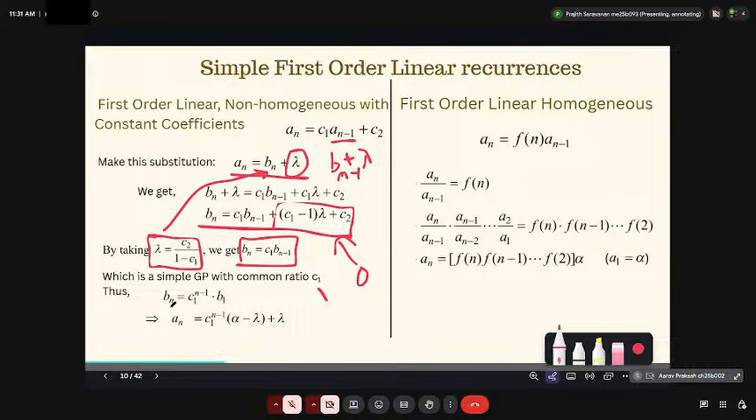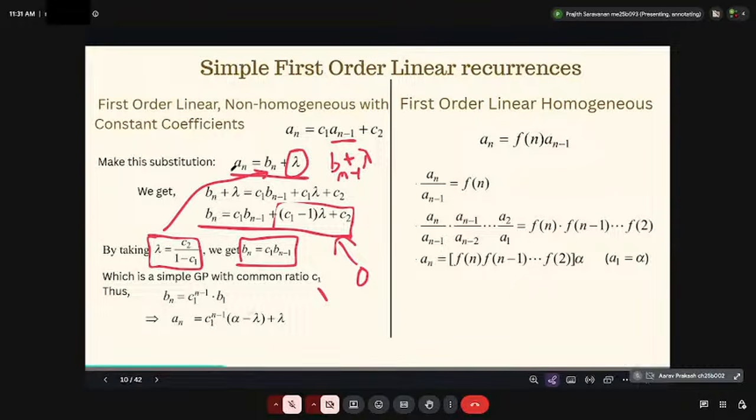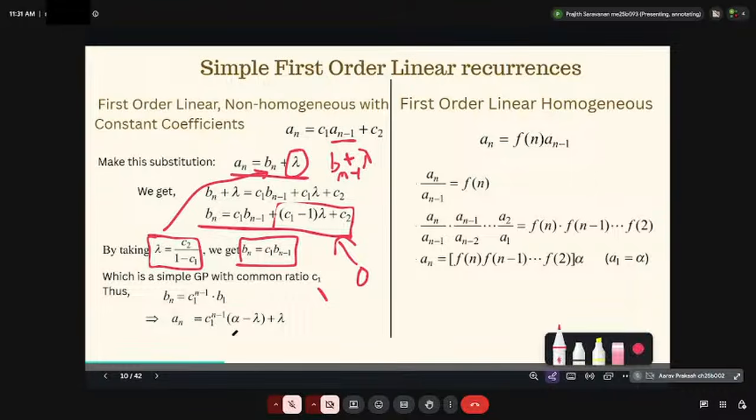Once you solve for bn, we can simply substitute back again. So an will be bn plus lambda. What is b1? b1 will be equal to alpha minus lambda, because alpha is basically the first term of the sequence given, which will generally be given in the question.